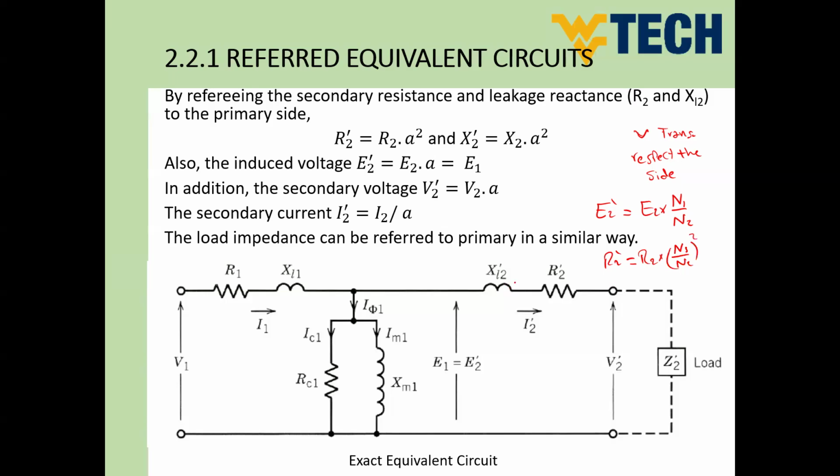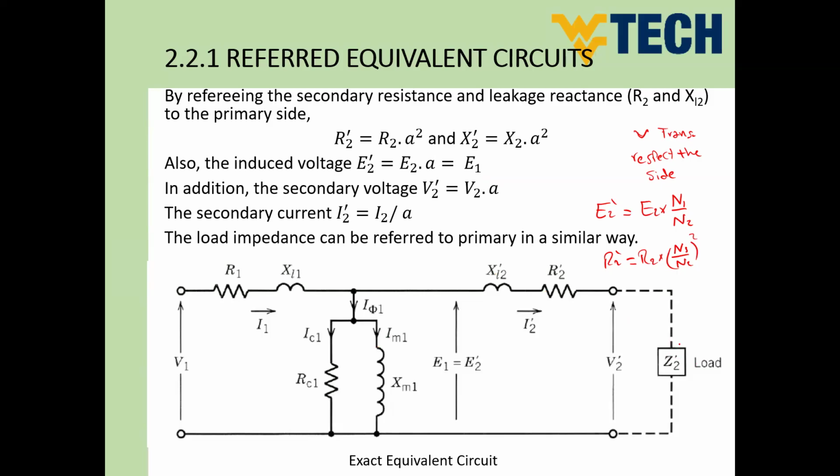So in this case, we can say I2 divide A. So for E or V or Z, we multiply times the turns ratio, or turns ratio square in case of impedance and turns ratio in case of voltages, but current we will divide. This is when we move from the secondary side to the primary side. And if you have impedance in the load side, you would transfer the impedance the same way.